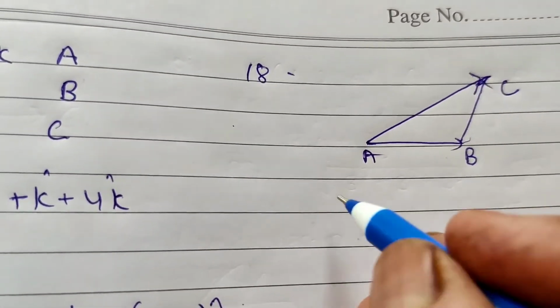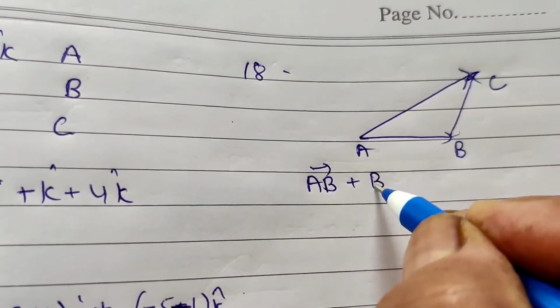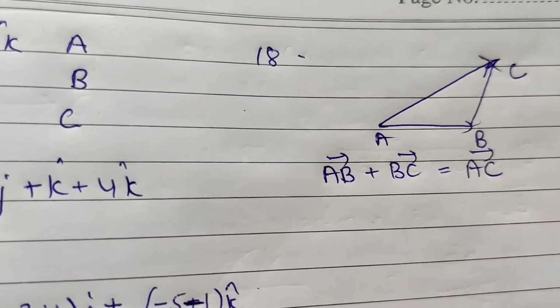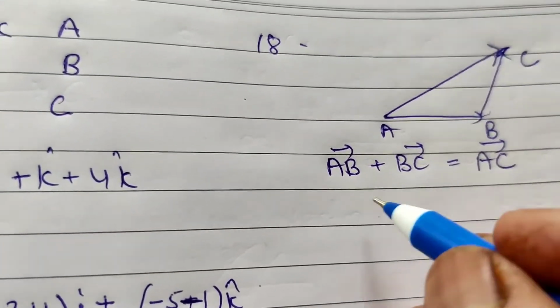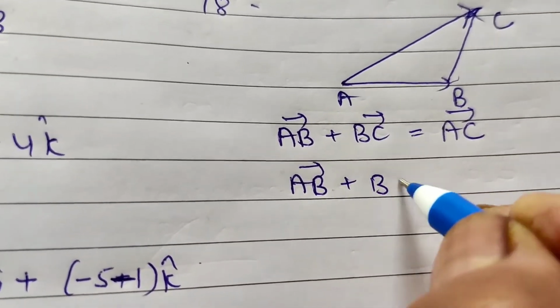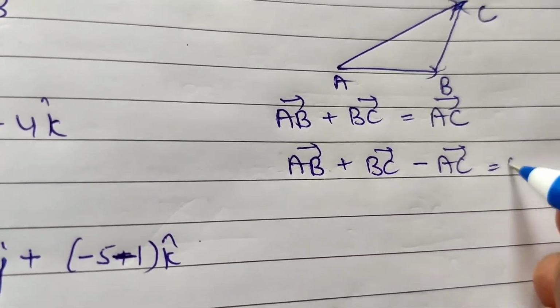Given that AB vector plus BC vector equals AC vector, we can say that AB plus BC minus AC vector equals 0.